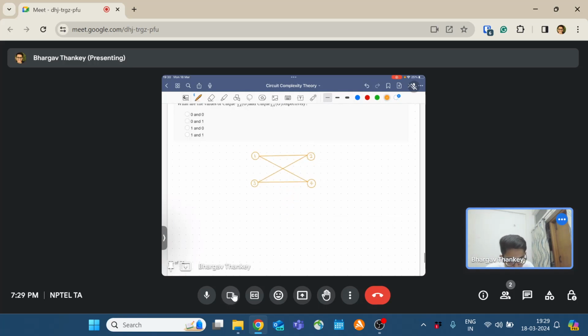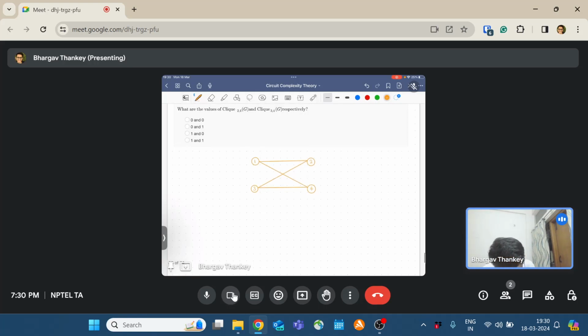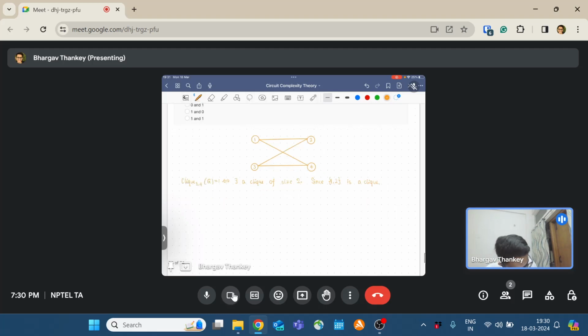Now, clique 2, comma 4 is 1 if there exists a clique of size 2. Since 1, comma 2 is a clique, this is 1.